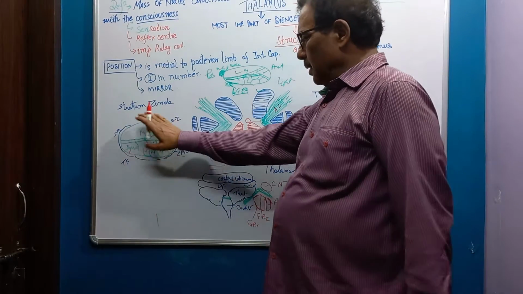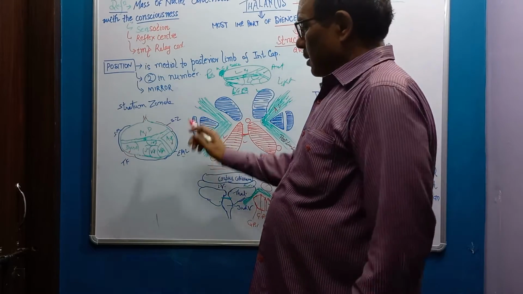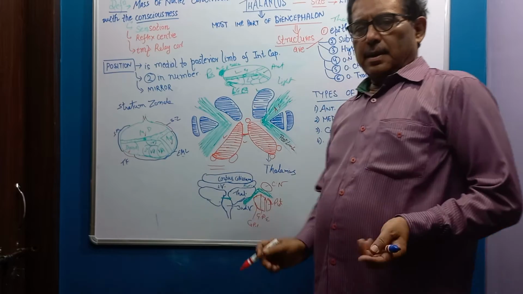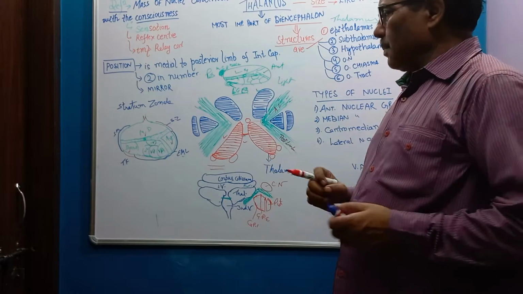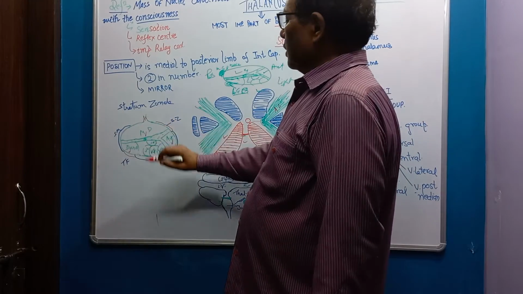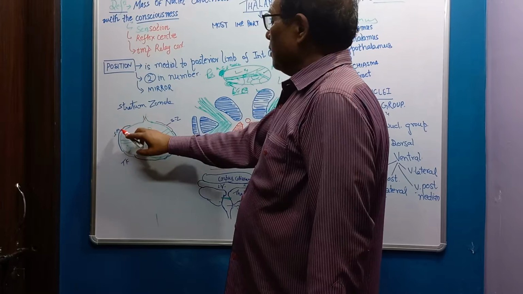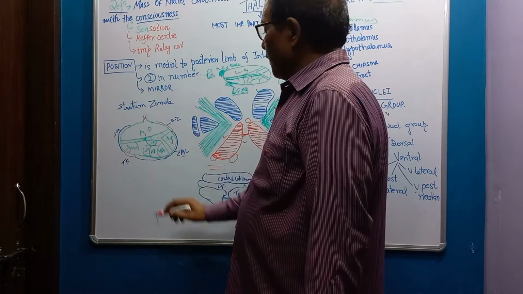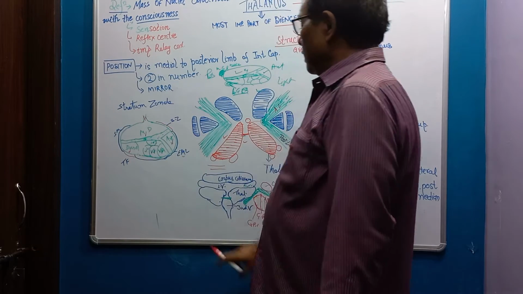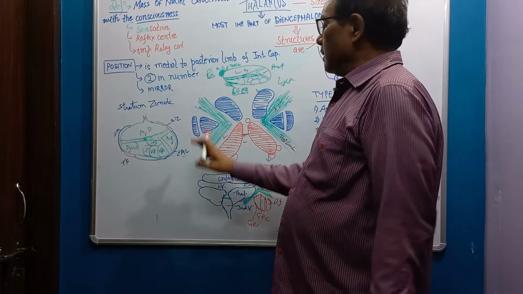This is the position of the nuclei. The thalamus is covered by a C-shaped capsule, which is incomplete on the dorsum. This is the stratum medullaris, the thalamic fasciculus, the external medullary lamina, and the stratum zonale.